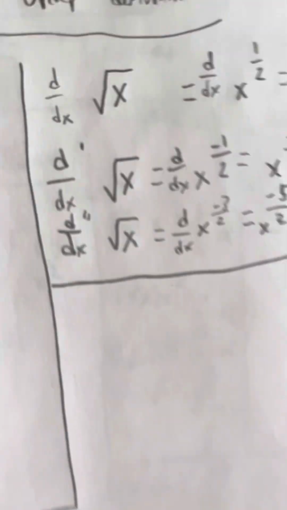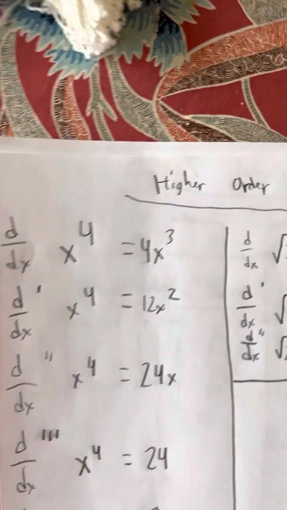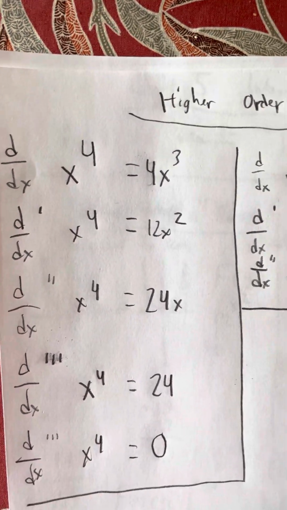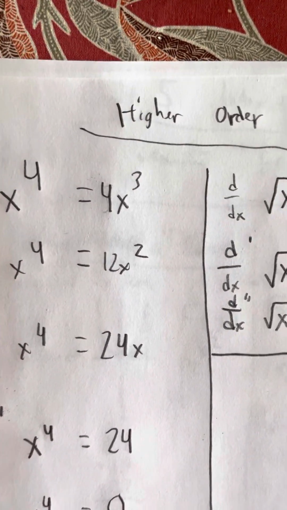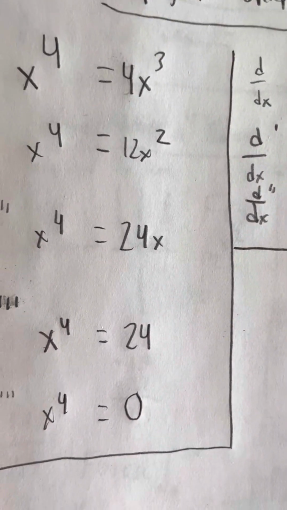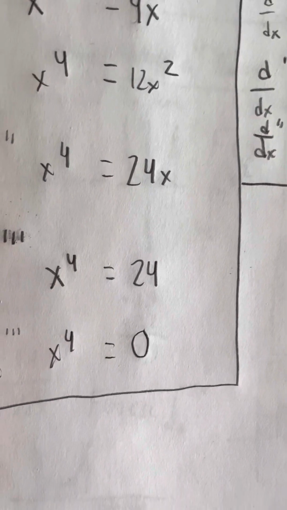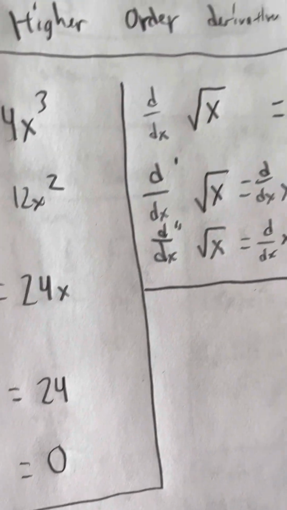Higher order derivatives, finally, for this unit. x to the 4th, 4x cubed, then 12x squared, then of that it's 24x, then 24, then 0. You're just dissecting that polynomial.